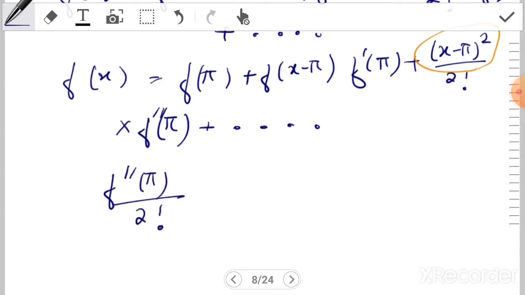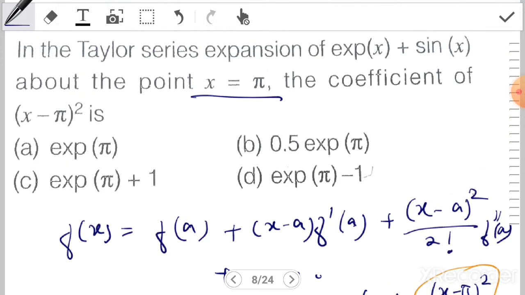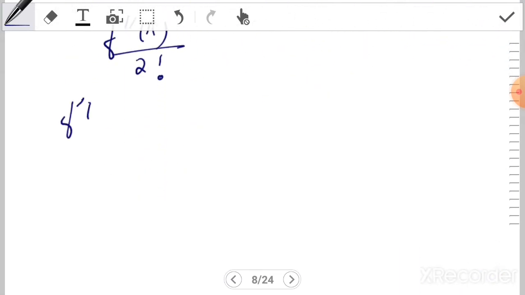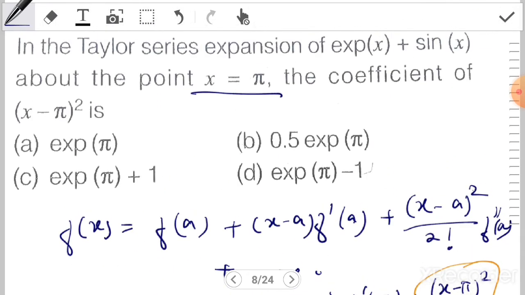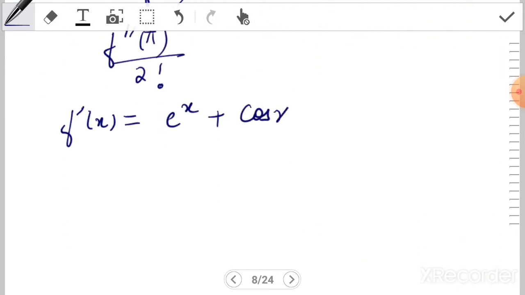So now let us differentiate f(x), which is exponential x plus sin x. So f dash x is equal to e^x plus cos x. Again f double dash x will be e raised to the power x minus sin x.